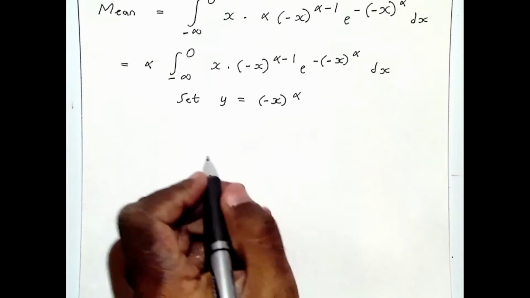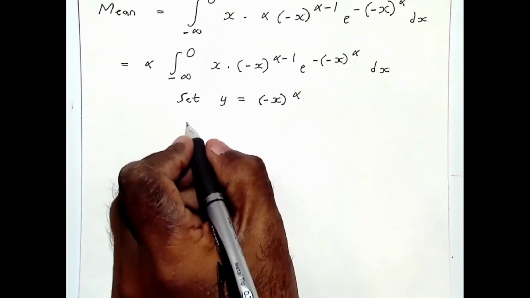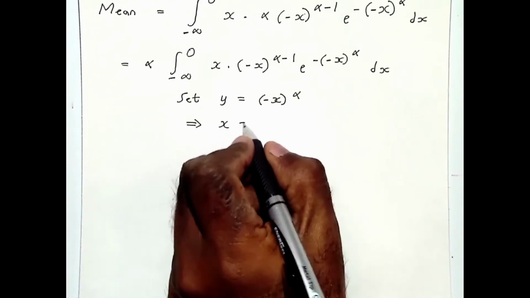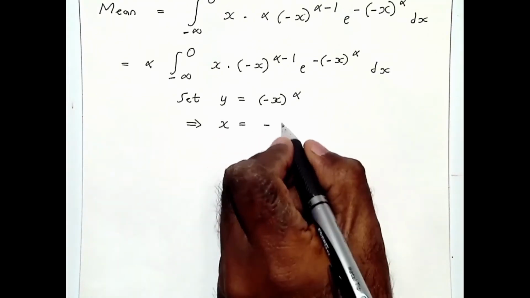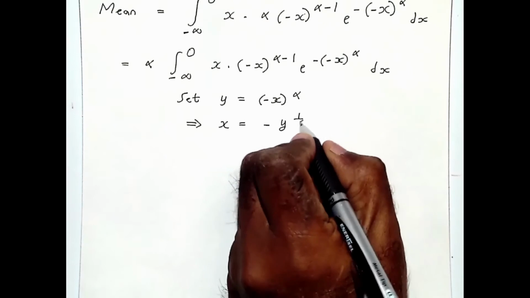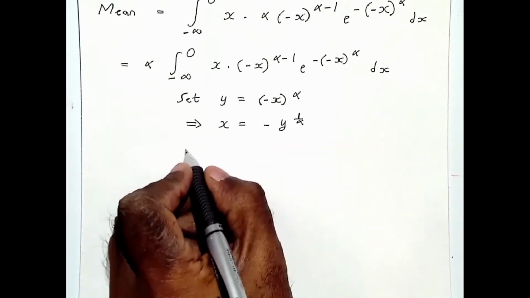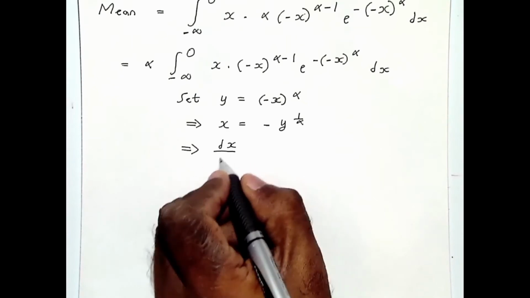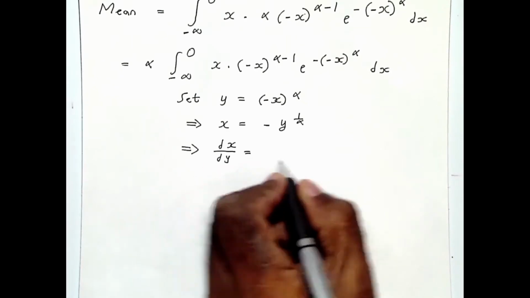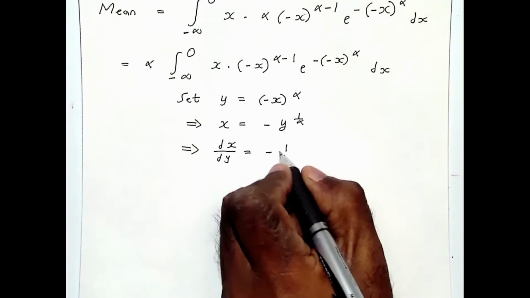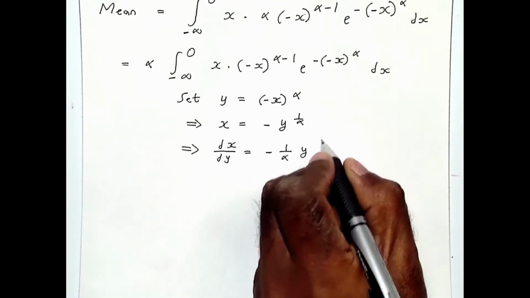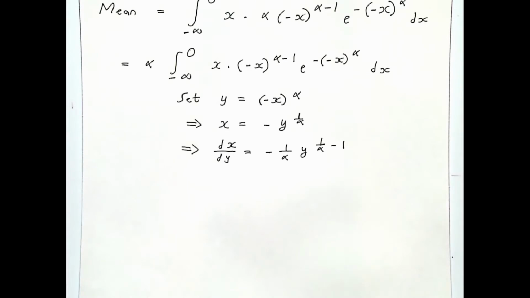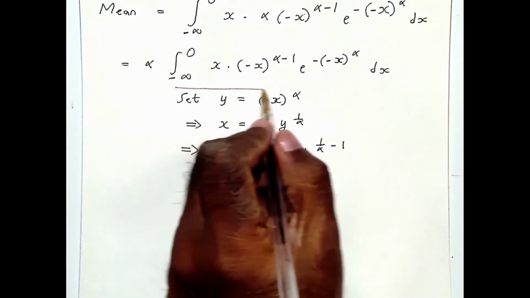So this implies that x will be equal to minus of this. So dx by dy will be minus. Let me put this in a box.